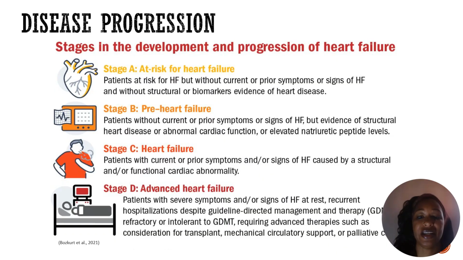Stage B, structural disease, no symptoms. Example, patients without current or prior symptoms or signs of heart failure, but evidence of structural heart disease or abnormal cardiac function or elevated natriuretic peptide levels.